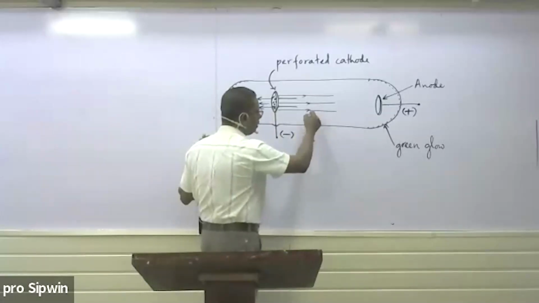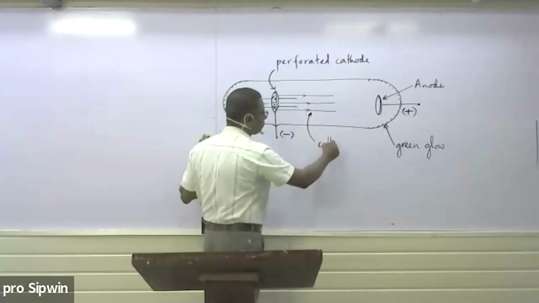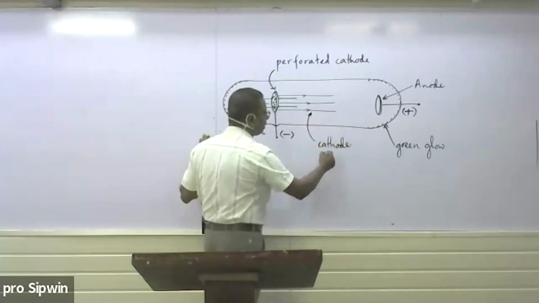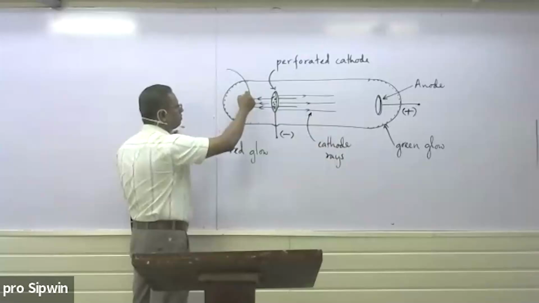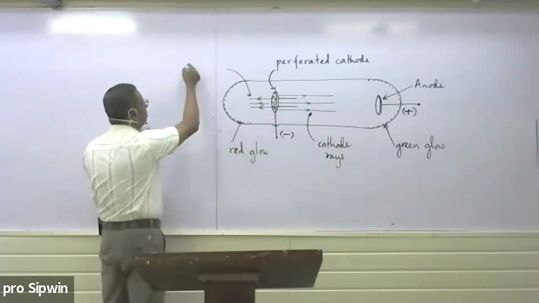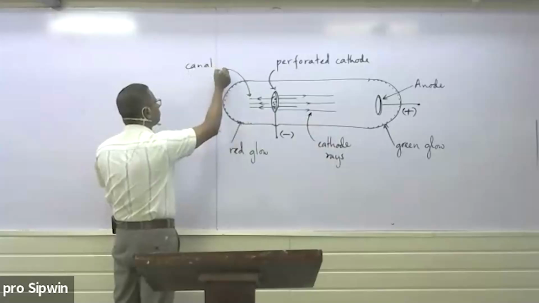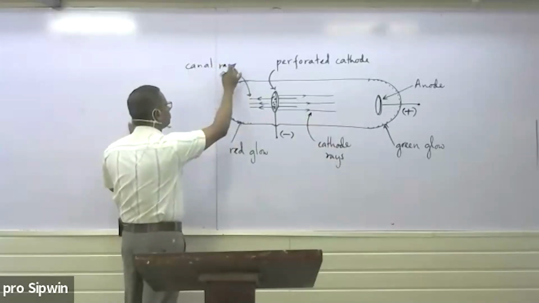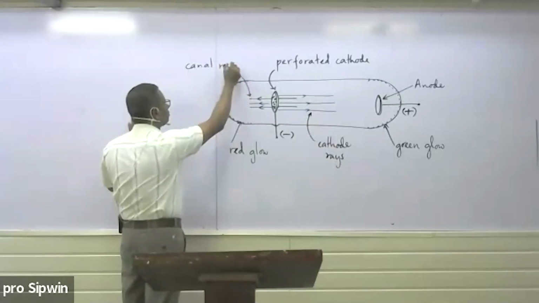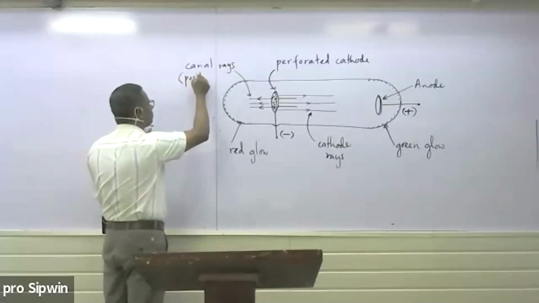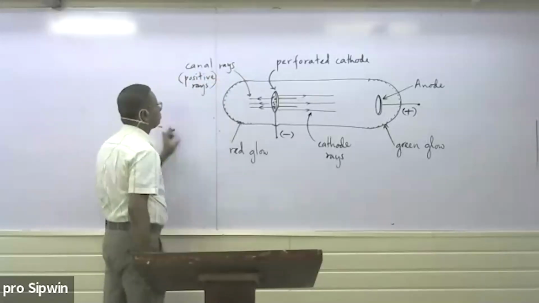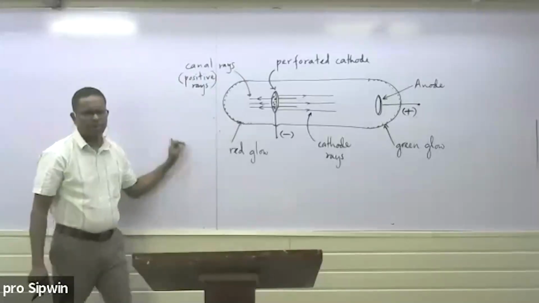These are called cathode rays. These are called canal rays, canal rays within a bracket, positive rays.